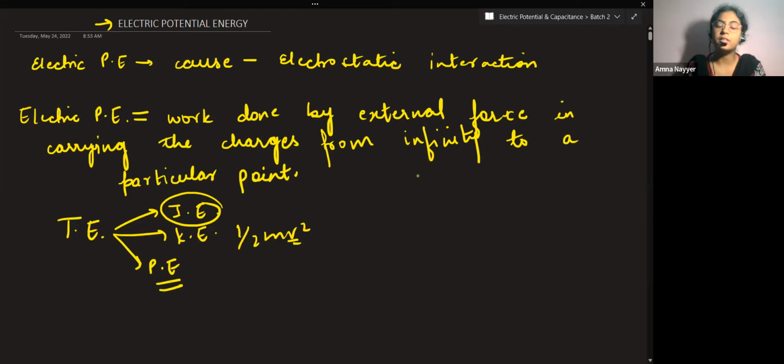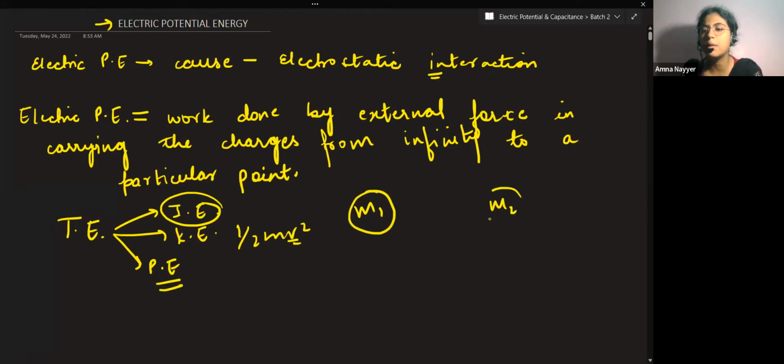Regarding potential energy, the main cause is when you have two bodies which can interact with each other. See what is meant by this interaction. If I have two masses, mass 1 and mass 2, had I not had M2, then M1 would not have any mass to interact with, as in to exert force on.